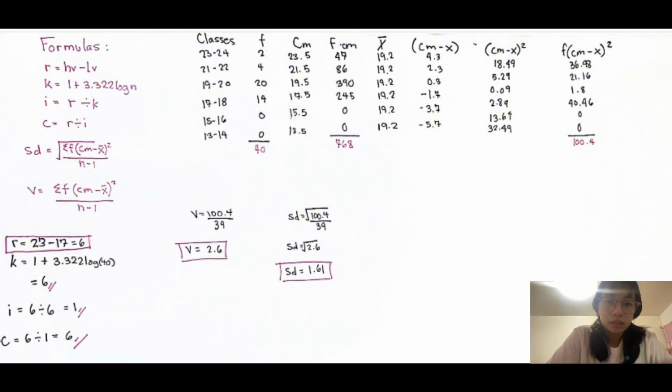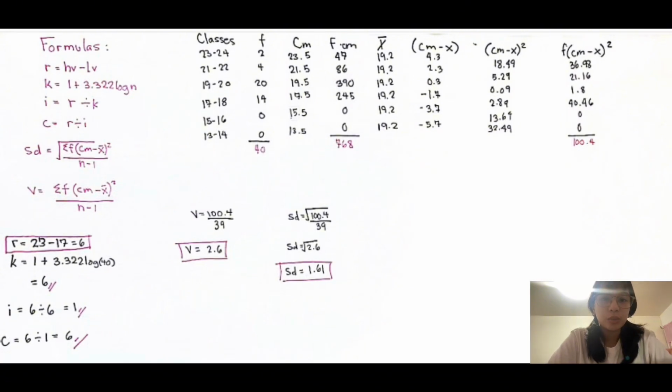And next, we have to square our results in class mark minus mean. So we have 4.3 squared is equal to 18.49. 2.3 squared is equal to 5.29, and again so on and so forth. So next, we multiply the corresponding frequency by the class mark minus mean squared.